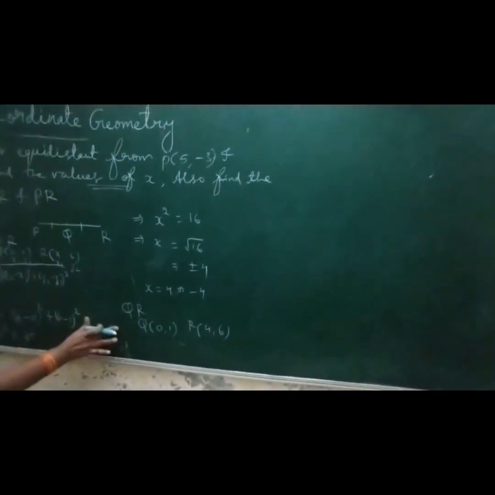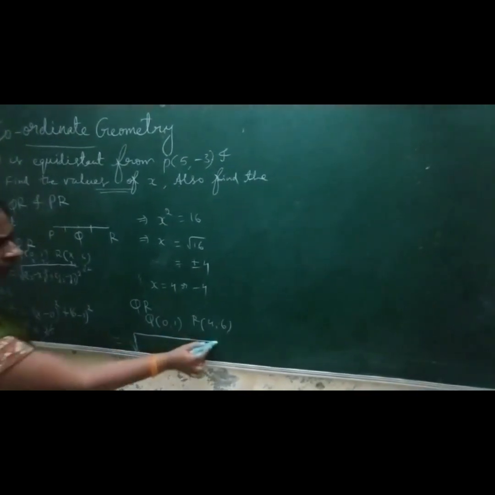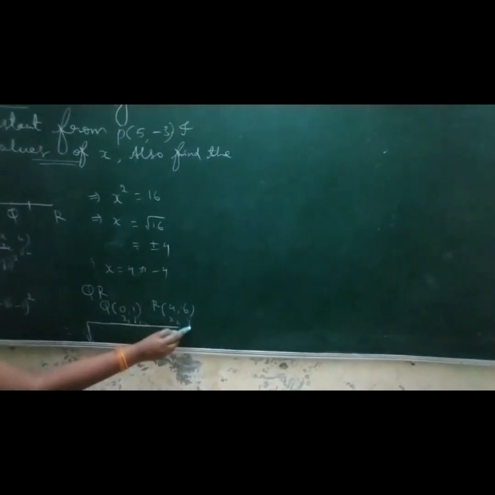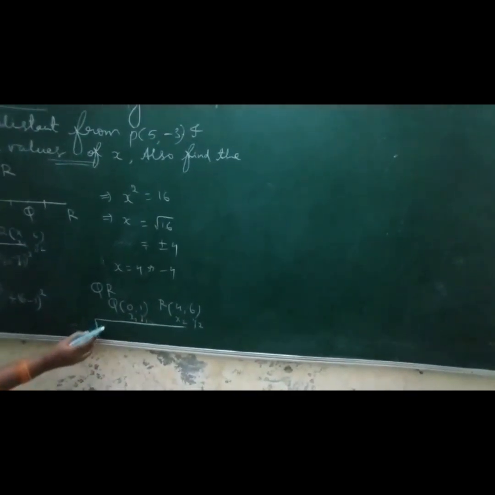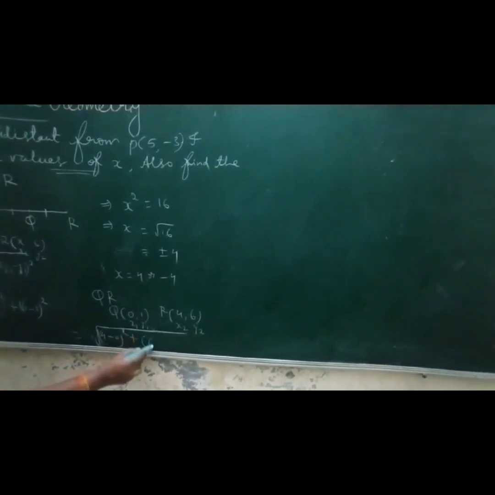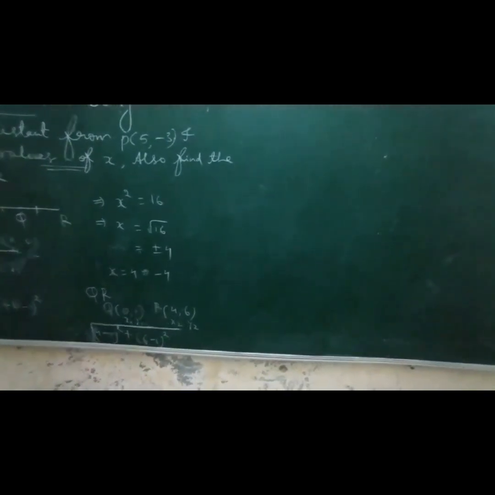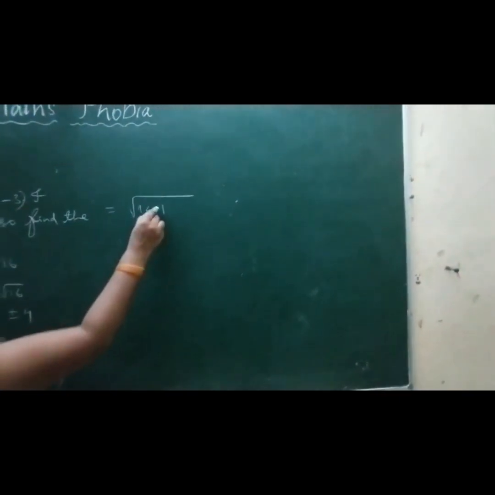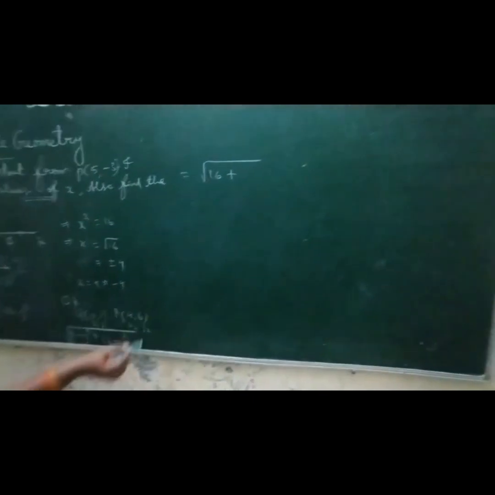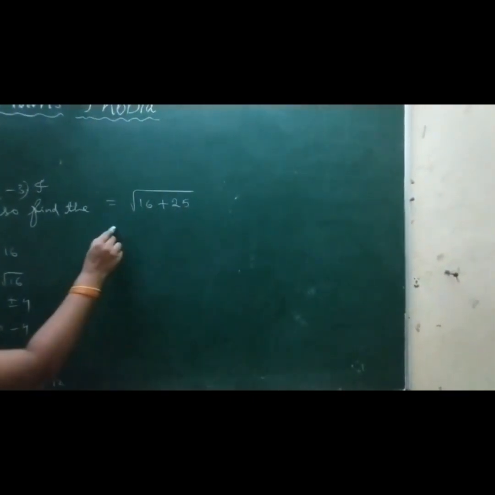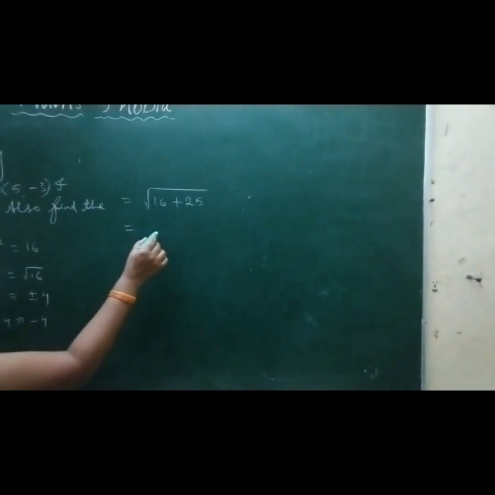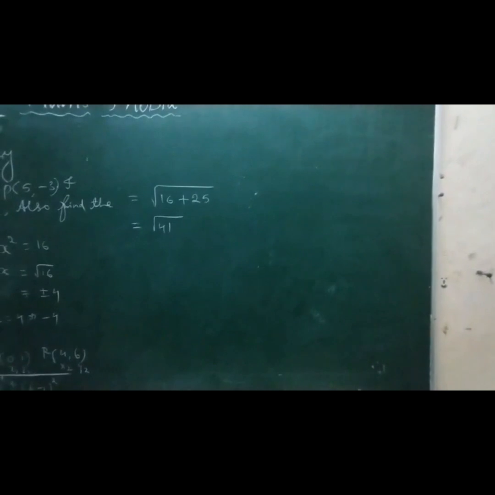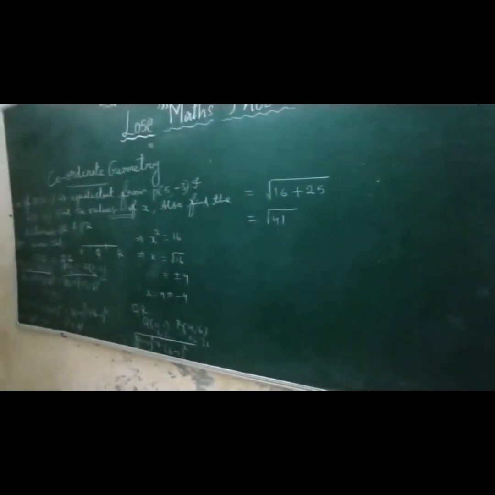The distance QR is the square root of (x2 minus x1) whole square plus (y2 minus y1) whole square. Let us name these as x1 y1 and x2 y2. (4 minus 0) whole square plus (6 minus 1) whole square. So under the root, 4 square is 16 and 5 square is 25. So we get 41. Root 41 is the distance QR.